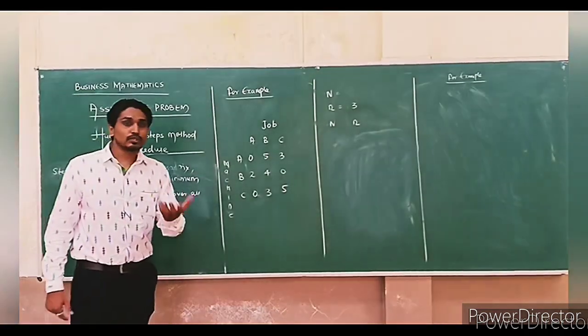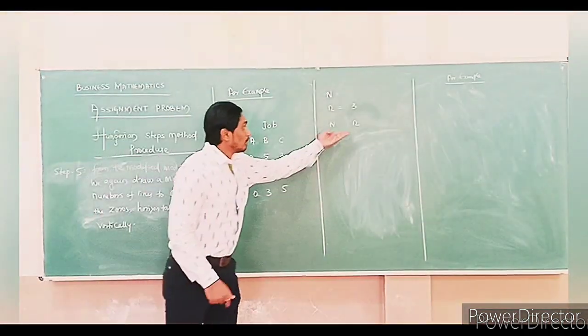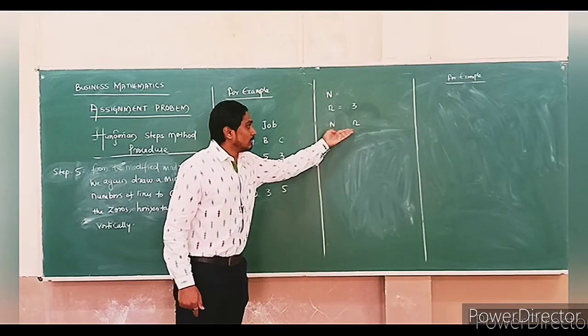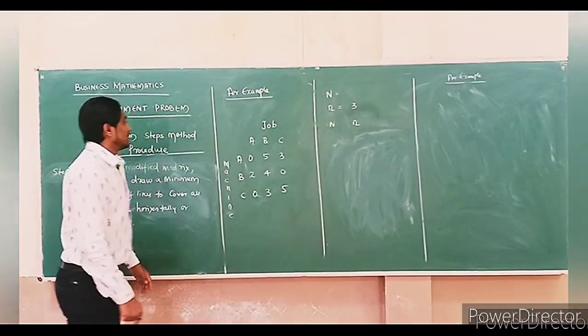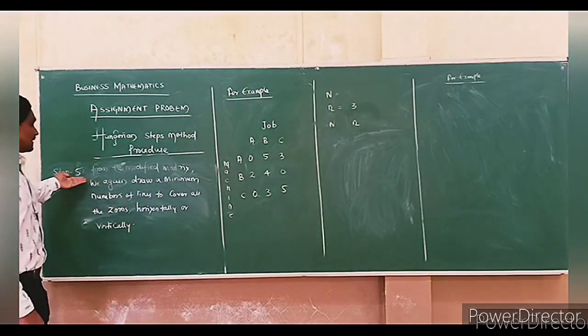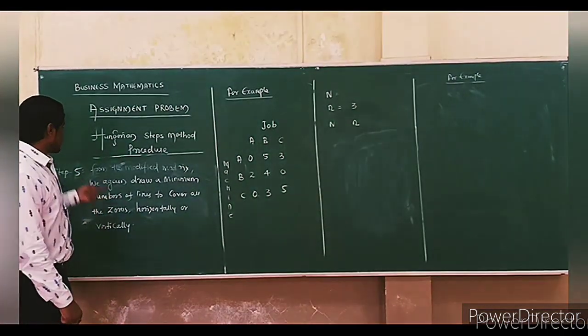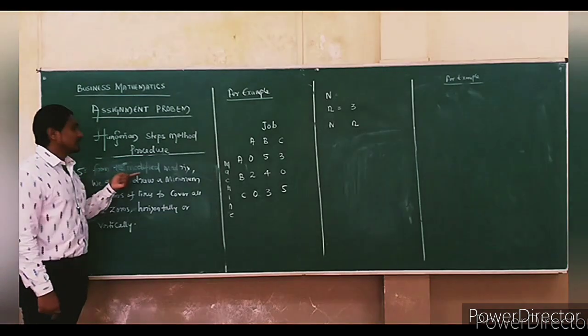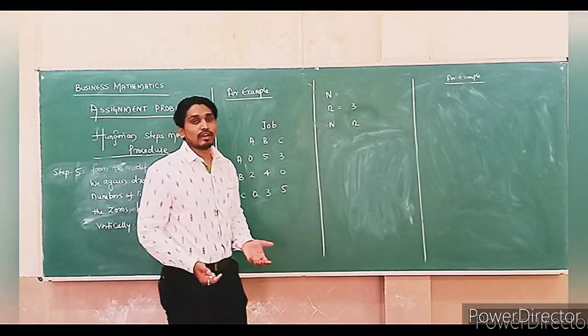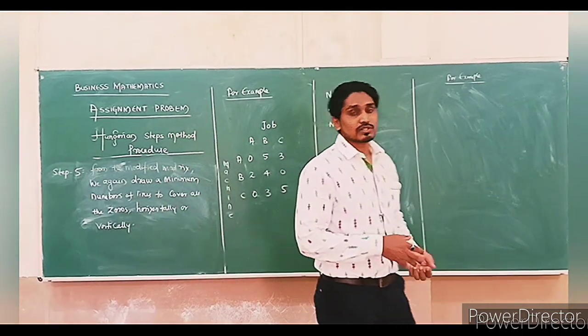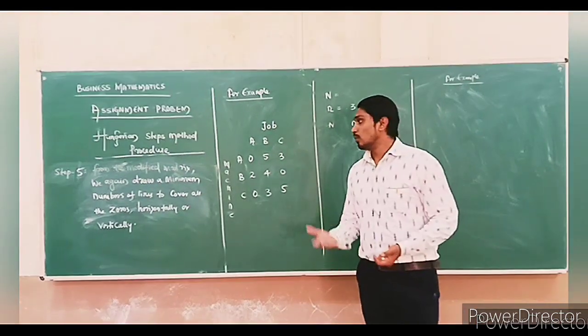So well friends, due to non-equality between the number of lines drawn and the order, we need to proceed to the next step, step number 5. It says that from the modified matrix we again draw the minimum number of lines to cover all the zeros horizontally or vertically.